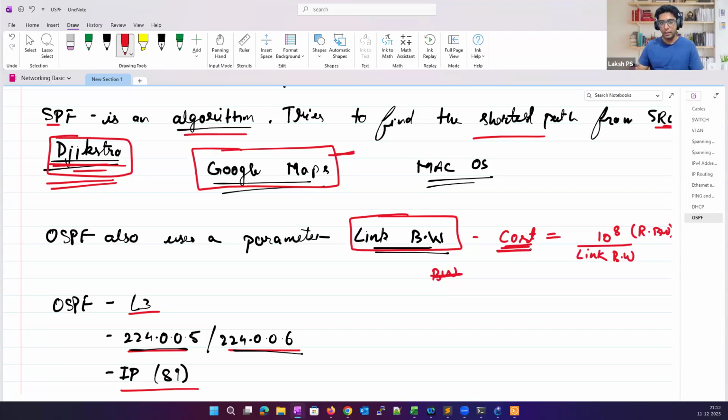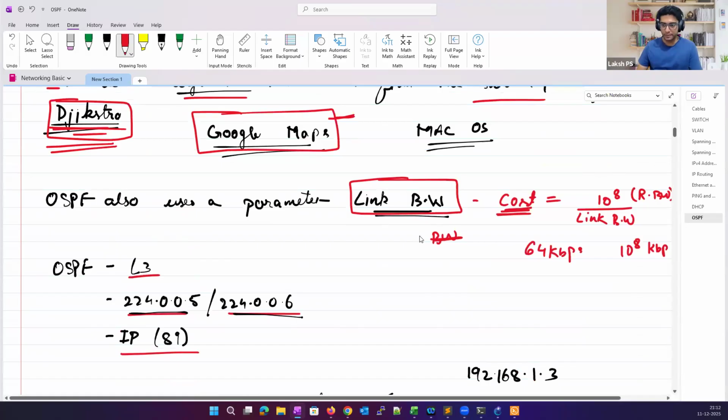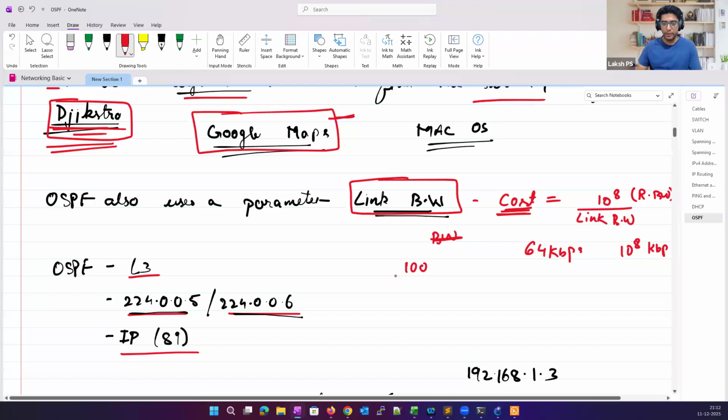Over here, the cost of a serial interface is based on 64 kbps. 10 power 8 bps is basically 100 mbps, so it is 100 mbps divided by 64 kbps, which gives us 64.